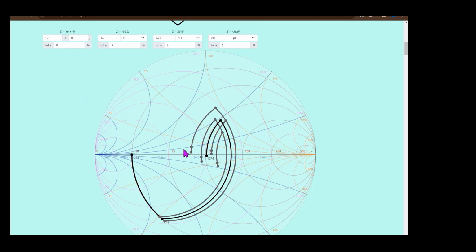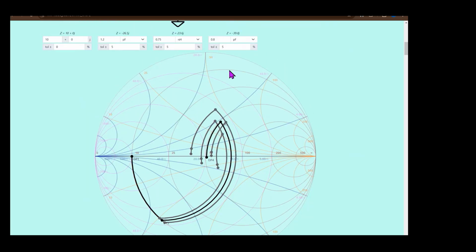I could put a circle around here that told me what the circle was for minus 10 dB return loss, and what I'm going to try and do with all the tolerances is make my design so that everything lands inside of that circle. Some networks will be less sensitive to component variation than others, so things to think about.